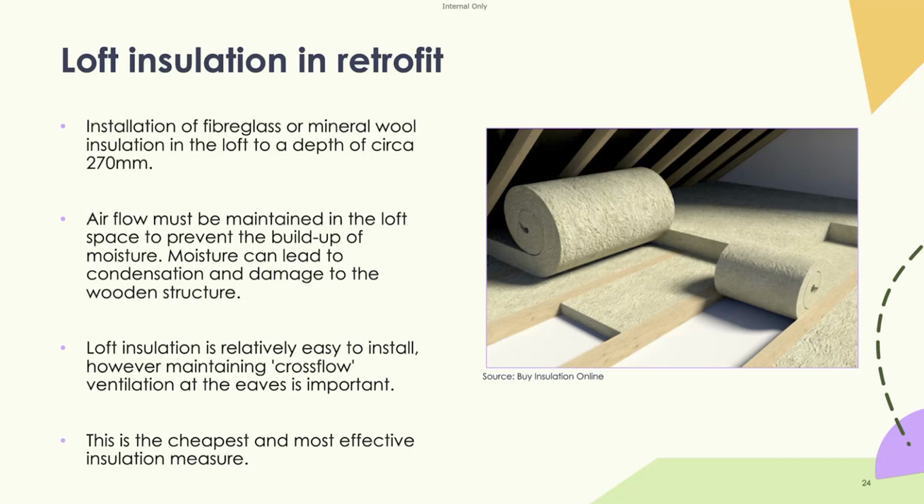One of the key considerations, however, is to ensure that any loft space does still remain well ventilated in order to reduce moisture buildup. Because if that occurs, then condensation can occur and damage the roof trusses. So careful consideration around the eaves detailing when installing this product is key.